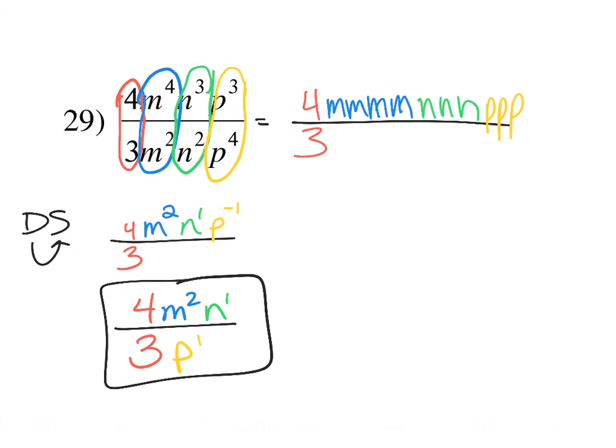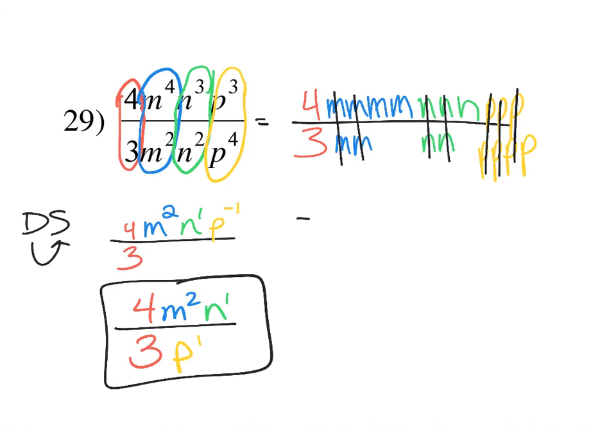3, 1, 2, 1, 2, 1, 2, 3, 4. We start crossing some things out. Can't cross out 4 and 3, so they get to stay. But I can cross out m over m and m over m, n over n, p, p, p.